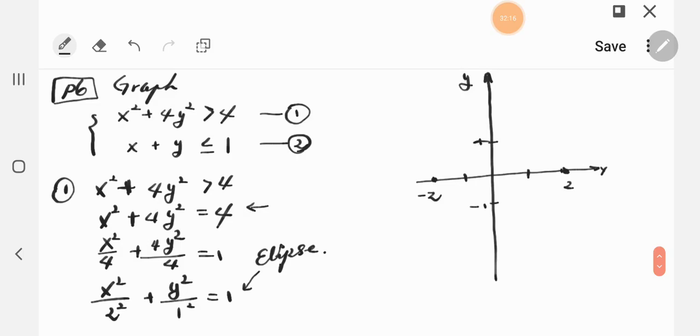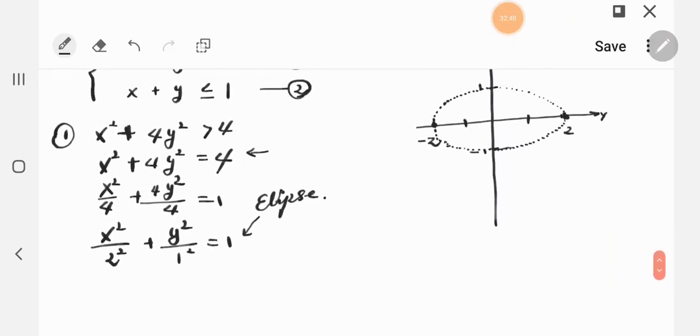There's no equal sign, so the graph will be a dotted line. Okay, it looks like this. And for the area, let's use a 0, 0 test point. Let's test 0, 0.